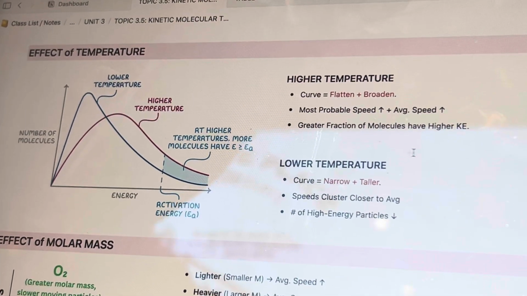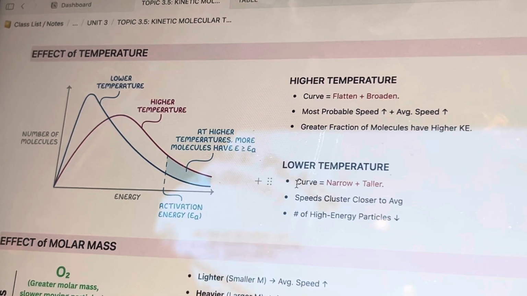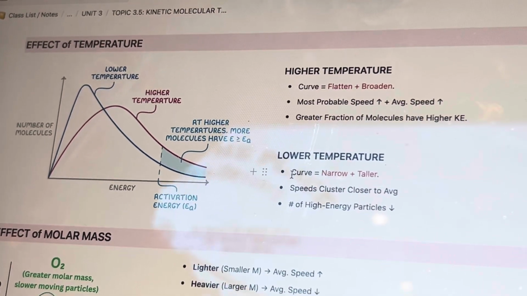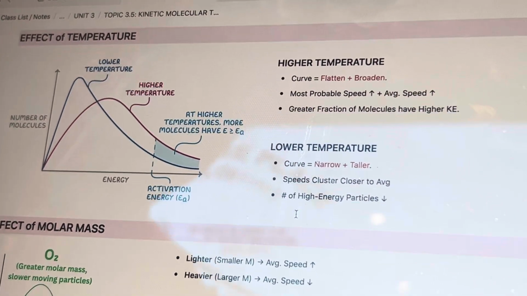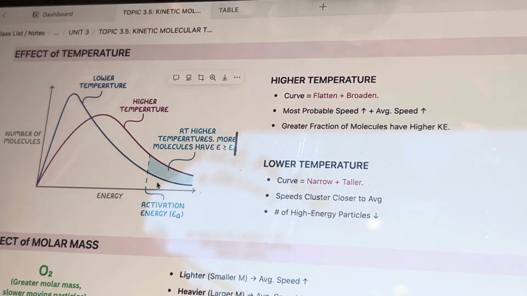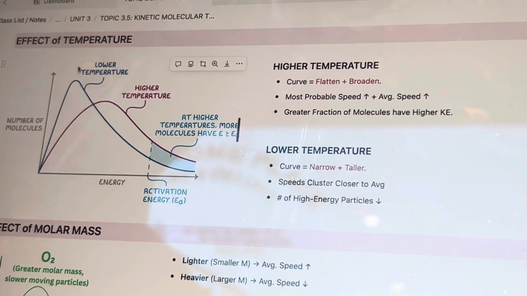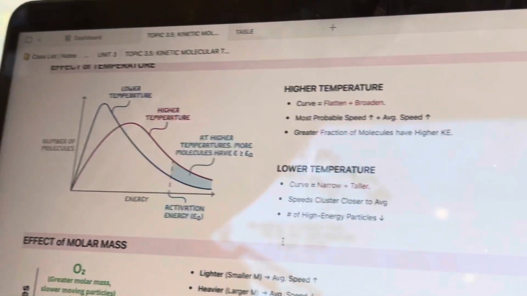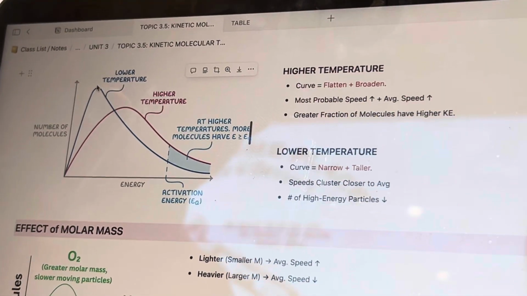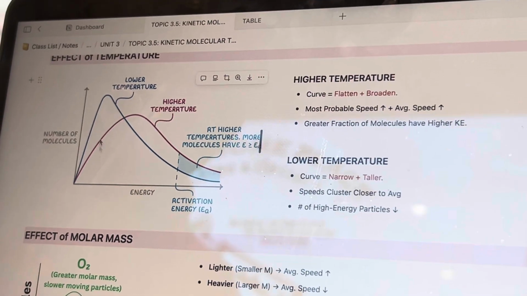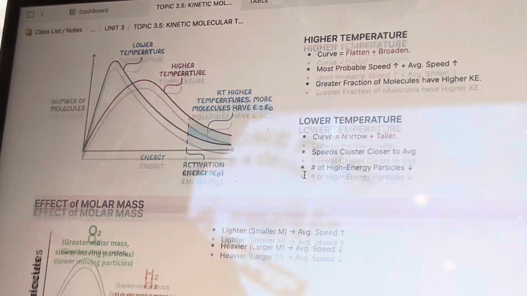And at lower temperature, the curve is the opposite, narrower and taller. So the speeds cluster close to the average, while the average itself is much slower. And the number of high energy particles is obviously less than at higher temperature.